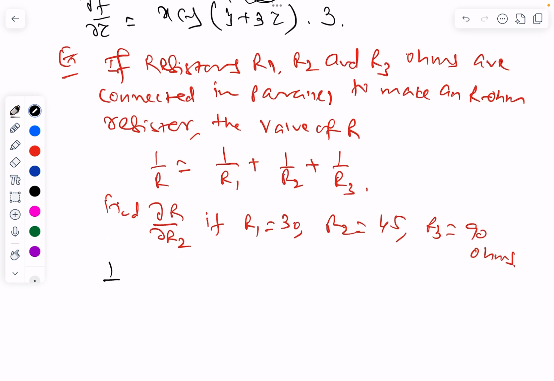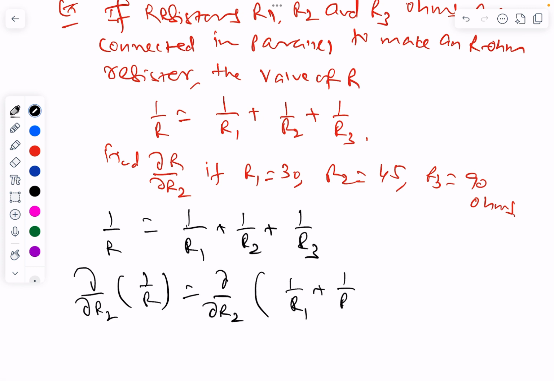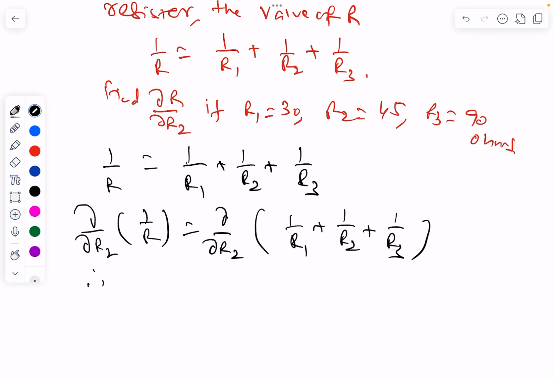Now here we have 1 over R equal to 1 over R1 plus 1 over R2 plus 1 over R3. Now take del by del R2 of both sides. The derivative of 1 over R with respect to R2: first we take the derivative with respect to R, that is minus 1 over R square, into del R by del R2.